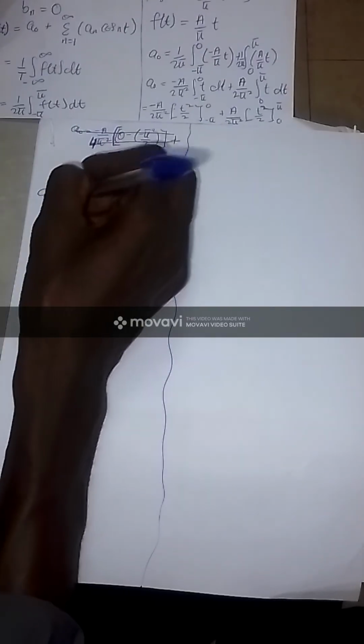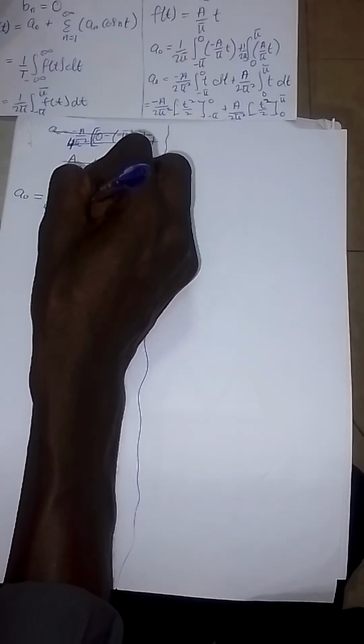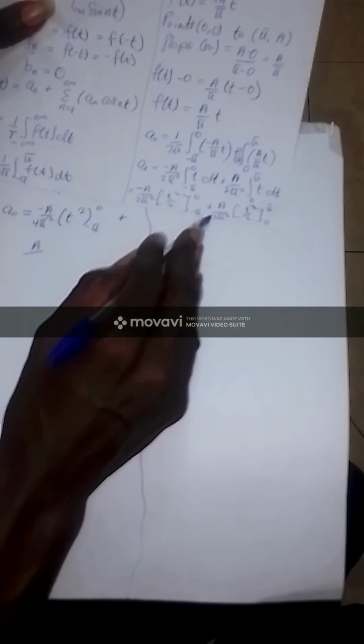So now, this place is a naught: minus a over, I am bringing these 2 out, so I'll have 4 pi squared into t squared, and the limits I have here are minus pi and 0. Plus a over, let me bring these 2 also out, 4 pi squared into t squared, with limits 0 to pi.